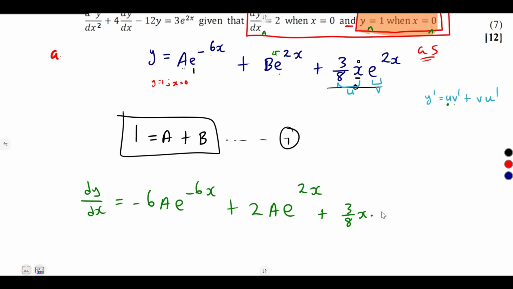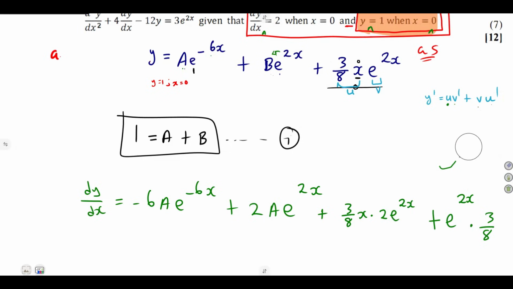So we're going to drop the power there. We are used to this one, 2e to the exponent of 2x. This one is just a single term. Plus our v, which is e to the exponent of 2x times the derivative of u. If we differentiate 3 over 8x, it's going to give us what? 3 over 8. So this is what we are having there.